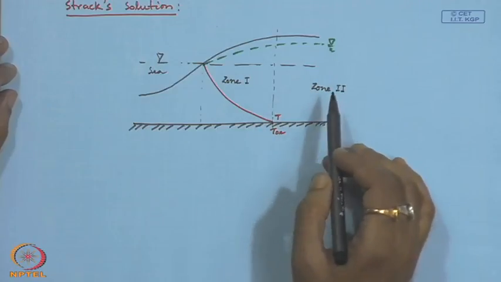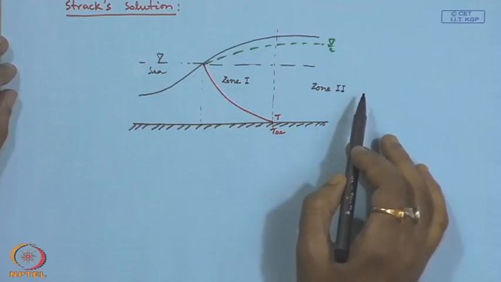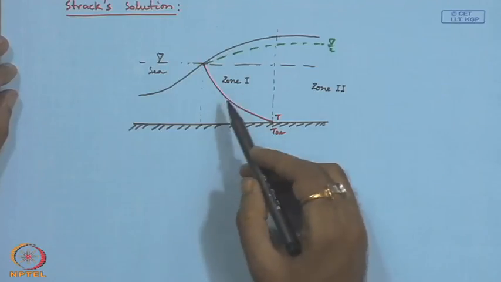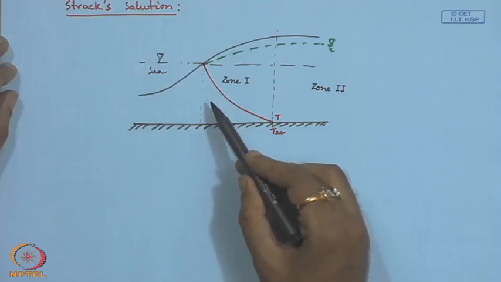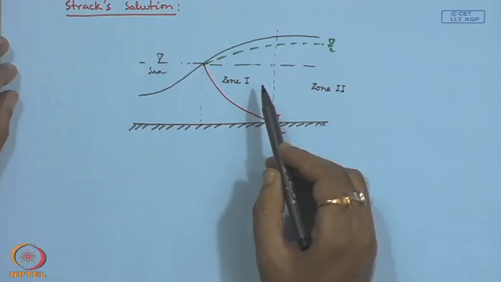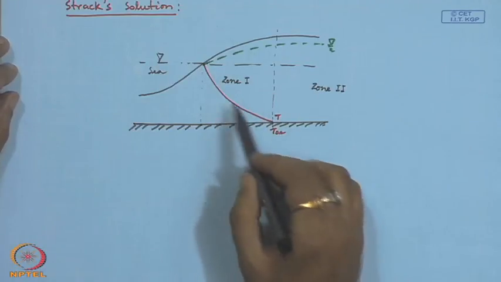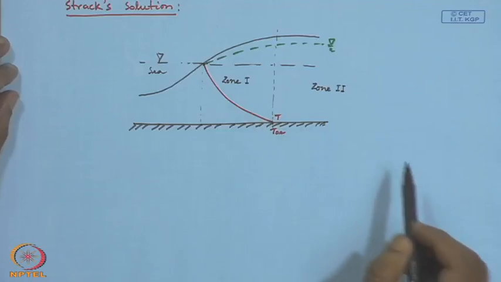Zone 2 consists of only a freshwater aquifer, and in zone 1 we have both salt water and fresh water existing with a sharp interface.